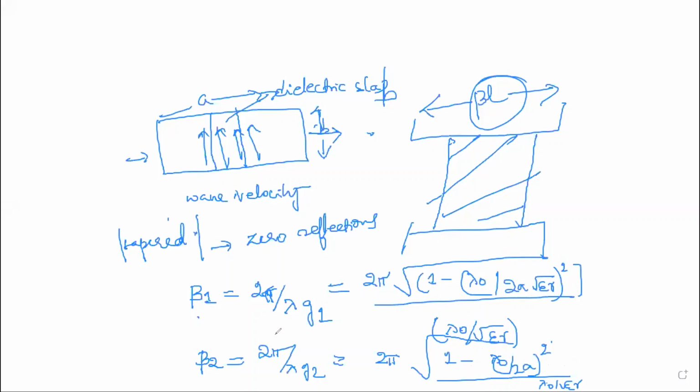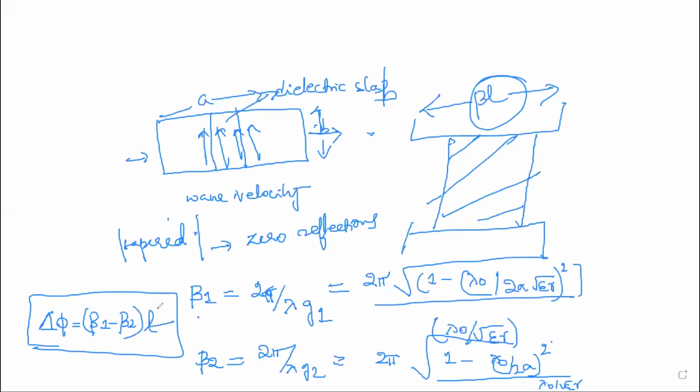Both are equations for differential phase shifters, and the phase shift, delta phi, is represented as beta 1 minus beta 2, multiplied by the length L. So by adjusting the length, you can change the phase shift and differential phase shifts will be produced.